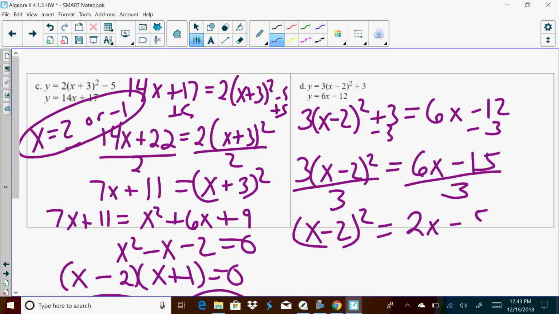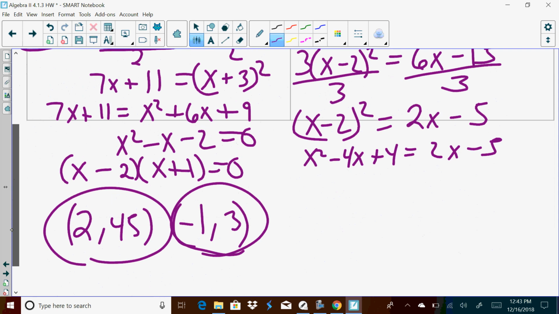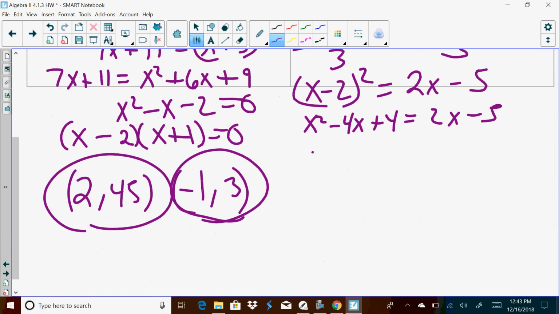Two x minus 5. So then I get x squared minus 4x plus 4 equals 2x minus 5. X squared minus 6x plus 9 equals 0.